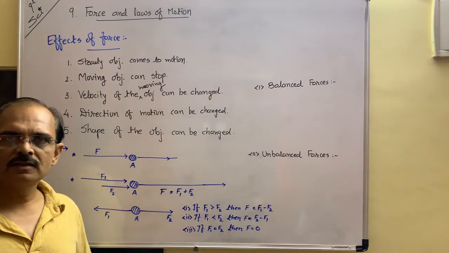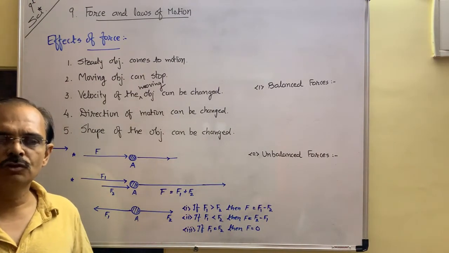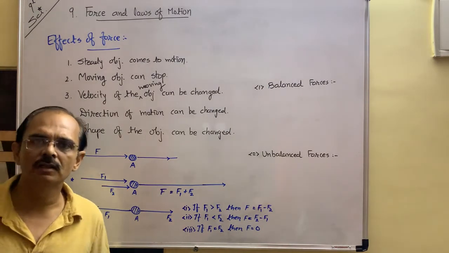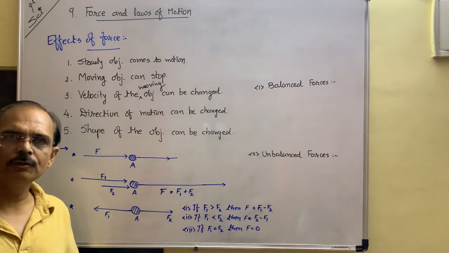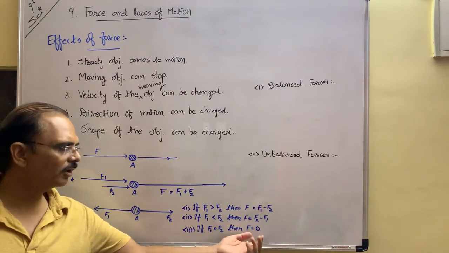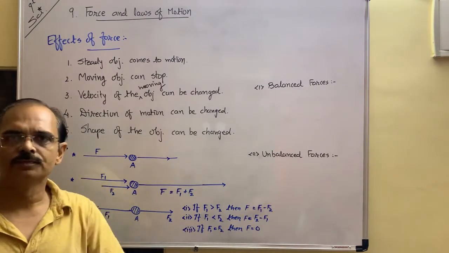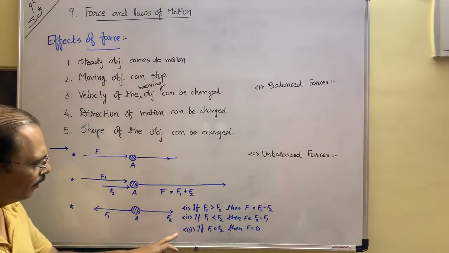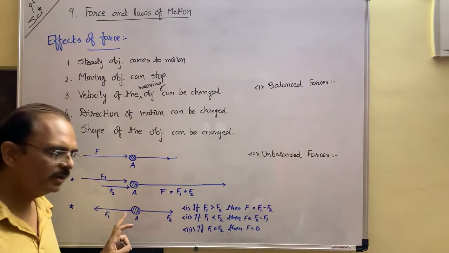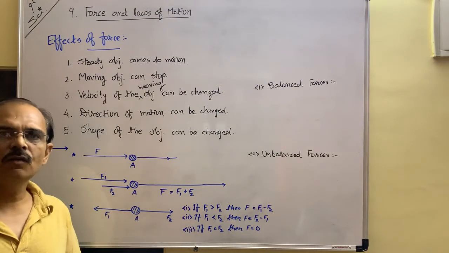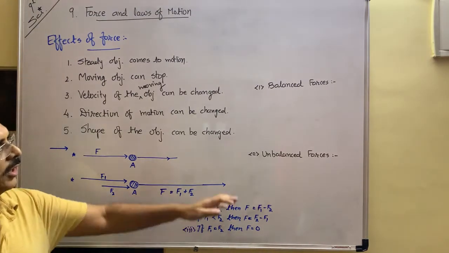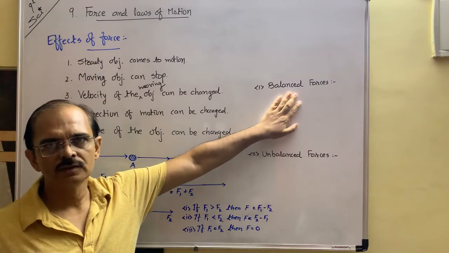In these 3 chances, see the last chance, when 2 forces are applied equal, if their measurements or magnitudes are same, if their values are same, then final or resultant force is 0. That means the forces applied on this object simultaneously are equal forces. So it is called balanced forces.